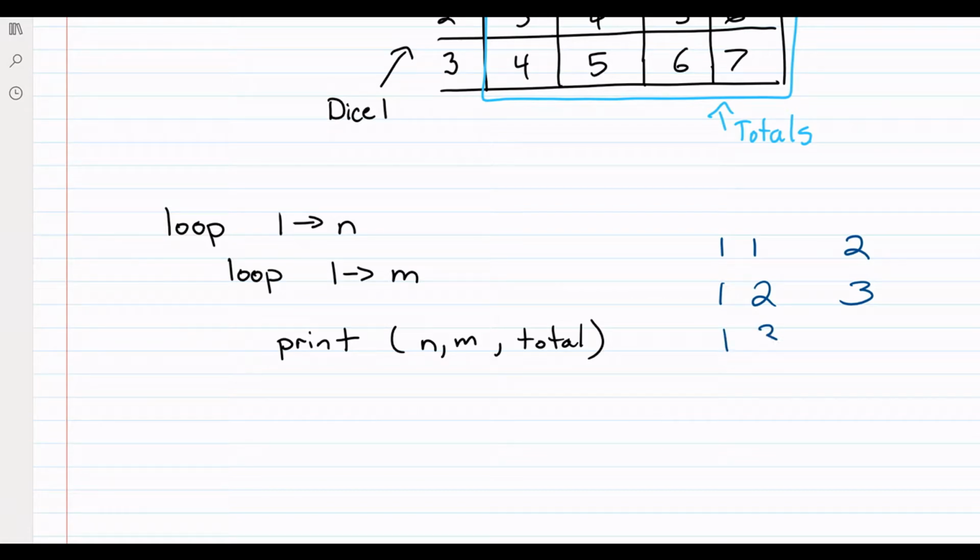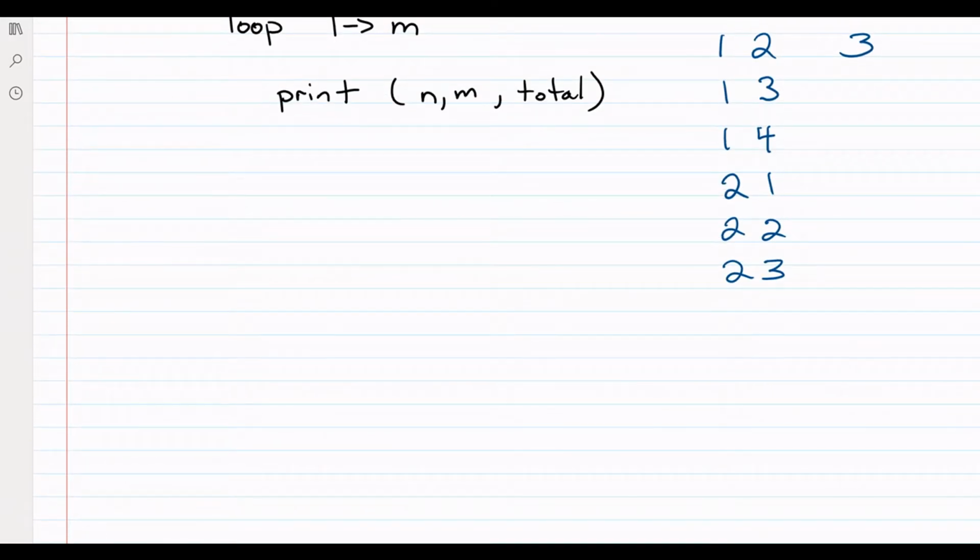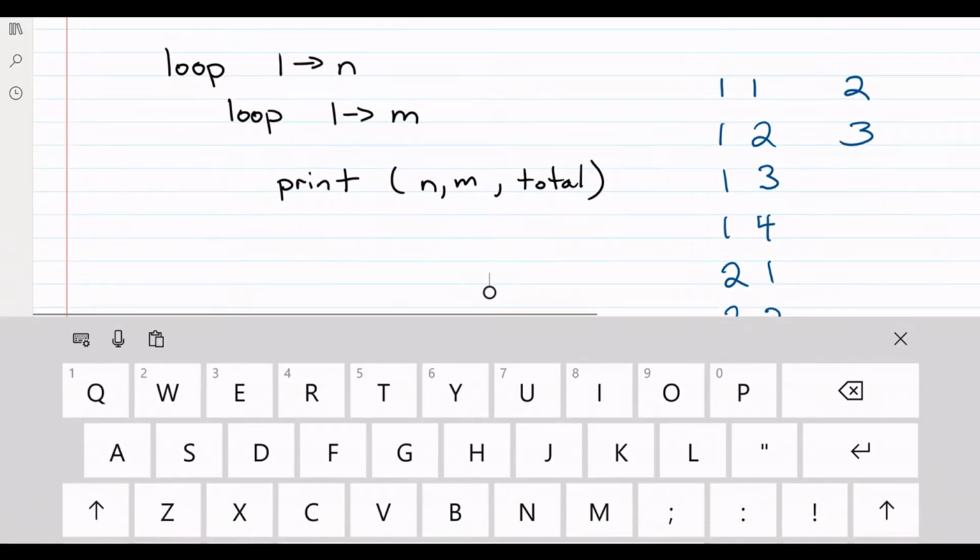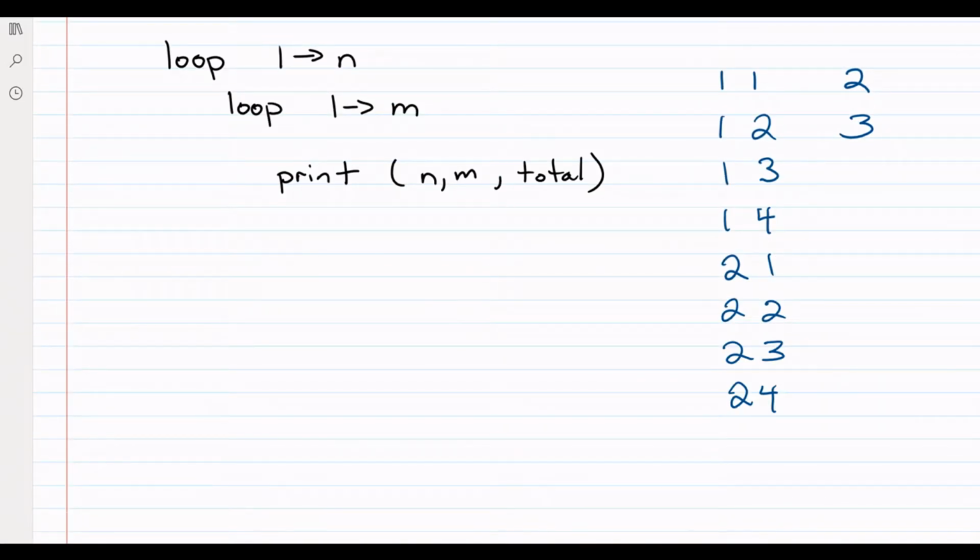The next one will be 1, 3, and then 1 and 4. Then this loop is done, and n will switch to 2, and m will start back over at 1. So 2, 1, 2, 2, 2, 3, 2, 4.